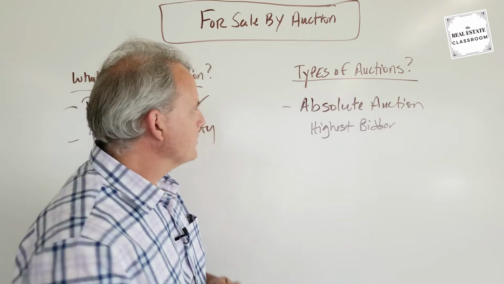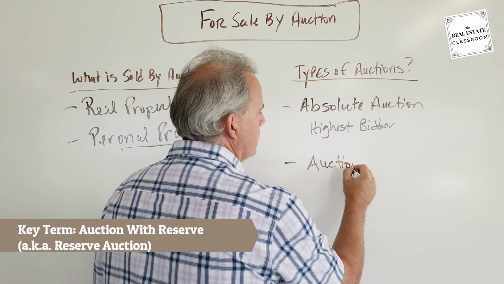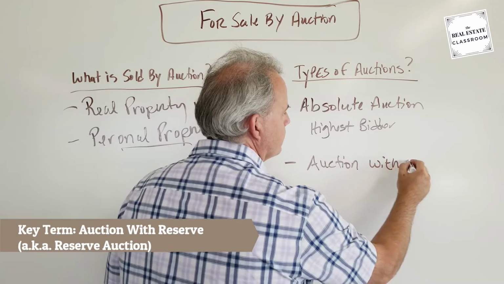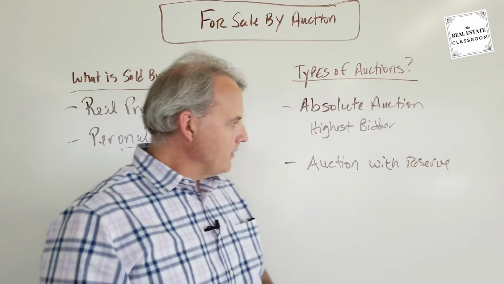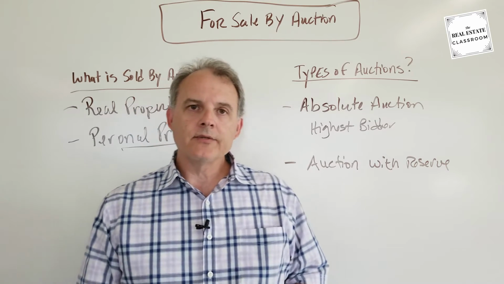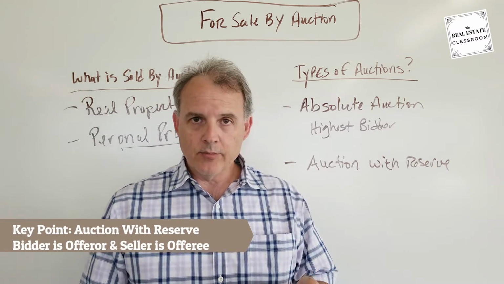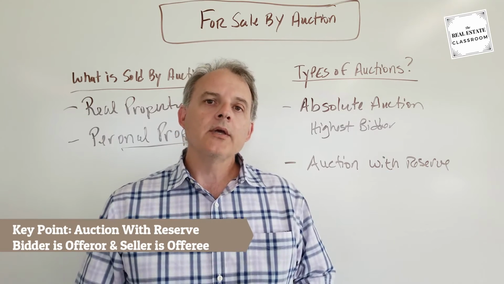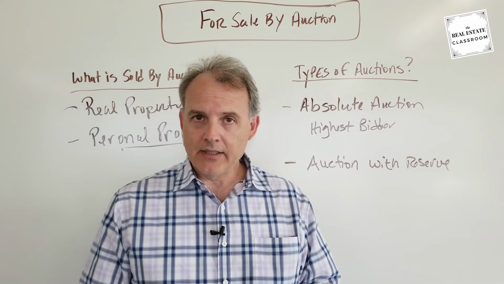All right. The next one is called an auction with reserve. So that means that one of two things: either the owner can start the bid at a certain price, or they can start it at zero, but not accept the highest offer.